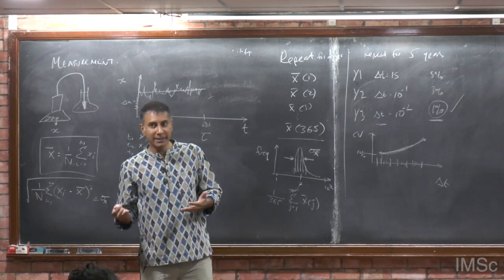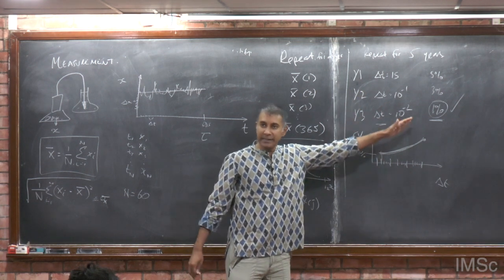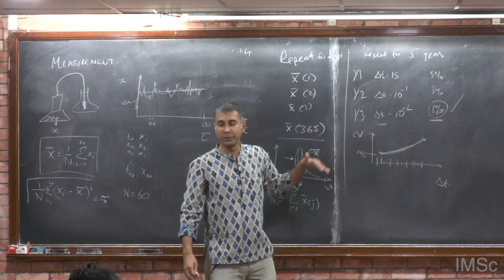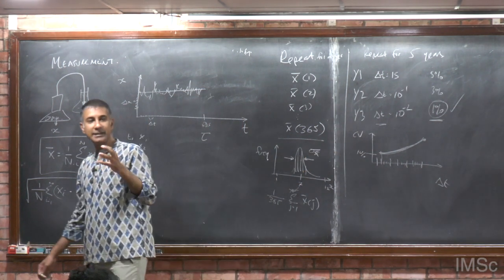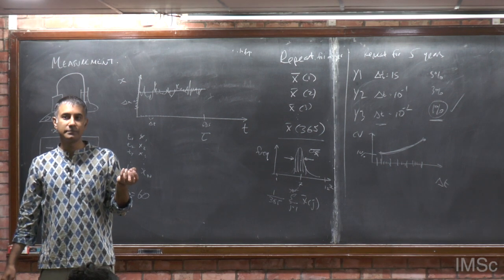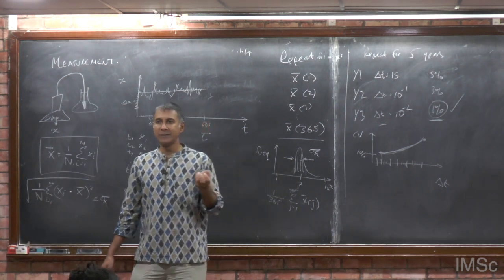Right? You may be unlucky and your pH meter may be so bad that you never reach the 1% value. But at least you can say that you can't do any better than this because this curve has flattened out. So how do I find the delta t where the curve flattens out? What's going on here? Why is the curve flattening out with delta t? Right?